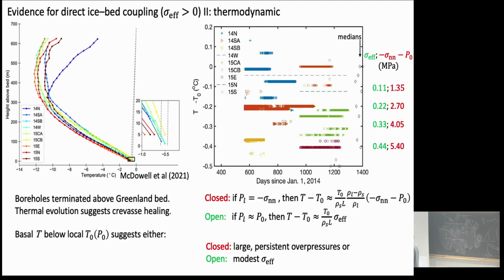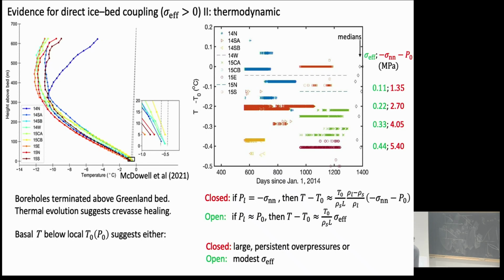So essentially, this would be, based off the Clapeyron slope for bulk melting, what the normal stress at the bed would have had to have done to maintain these cold temperatures down here, going down to 0.4 degrees below Celsius. And they would have had to stay at levels of several megapascals of effective stress, if you like, for periods of up to a couple of years.